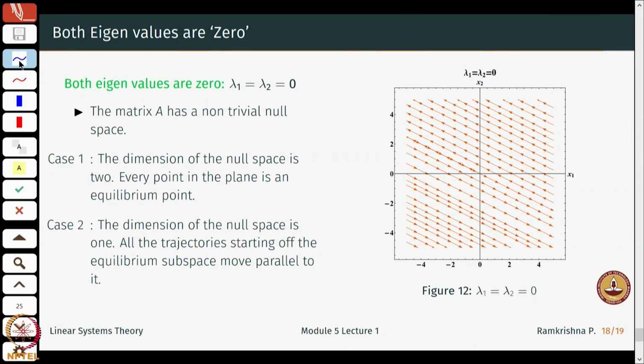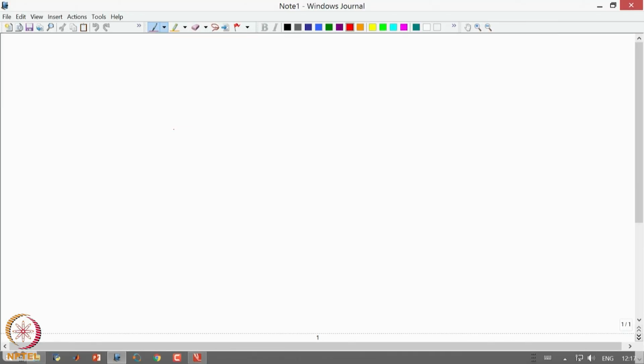The last case that we will look at is the case when both the eigenvalues are 0. Okay, not surprising to note that the A matrix will still have a non-trivial null space. So, in this case, when both eigenvalues are 0, we can potentially look at two cases.